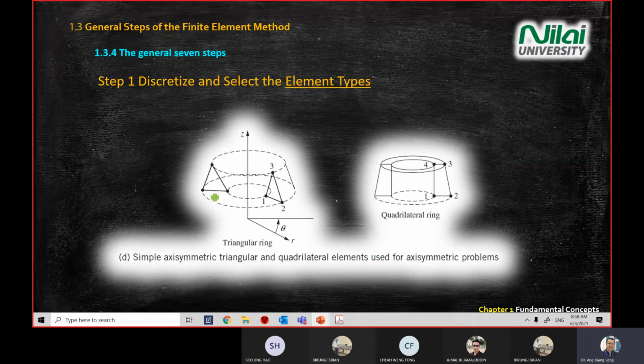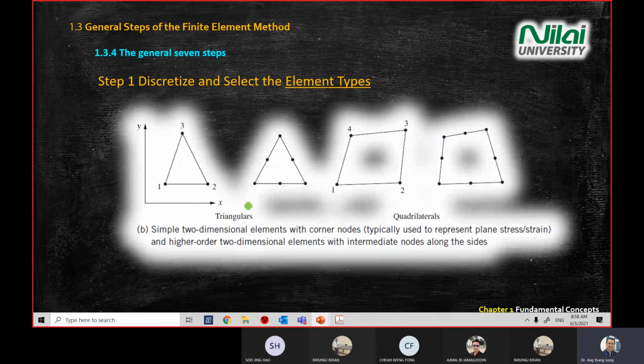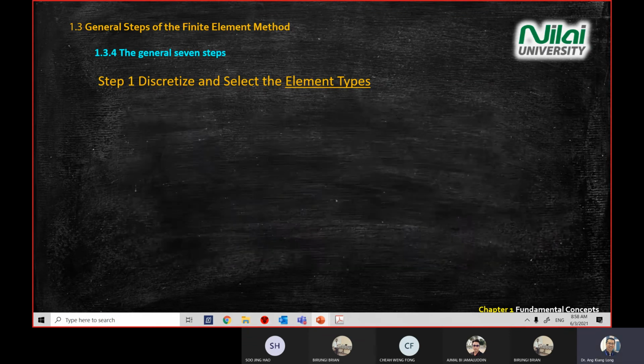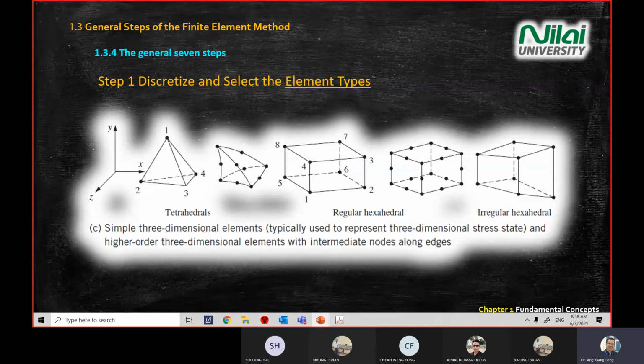Then you only need to solve these 3 points, and then you integrate according to the size that you have. All right. So you have a few types of discretization that you can do. If you're having a 2D, then you use a more simple form accordingly. If you have a 3D, then you break it into all these typical or classic shapes.